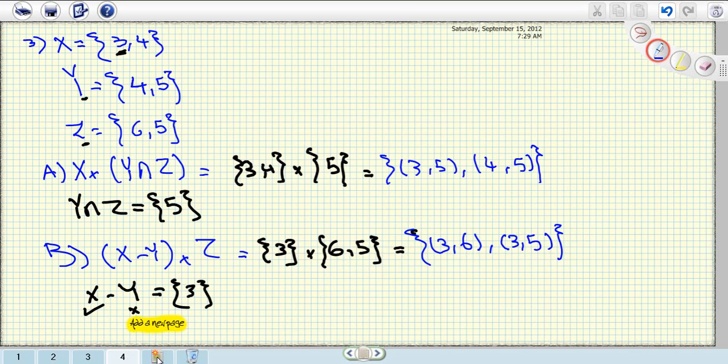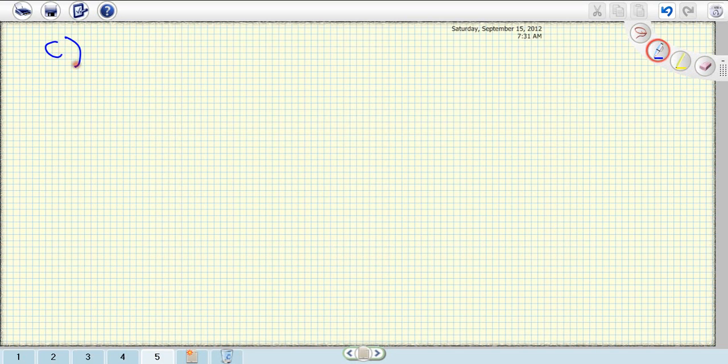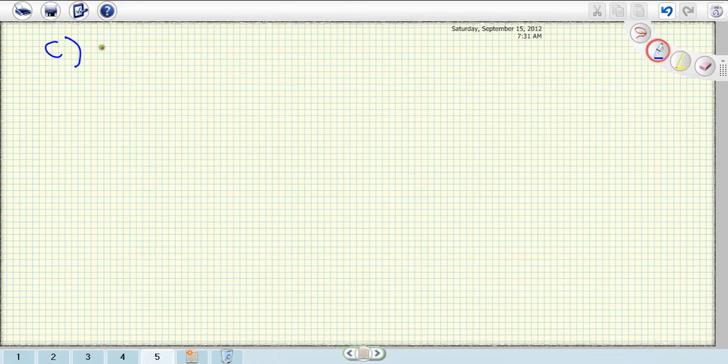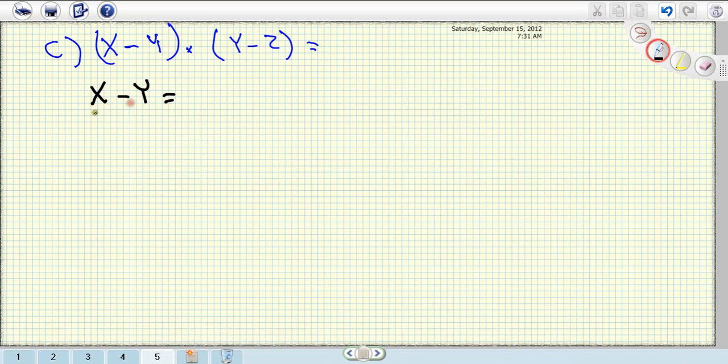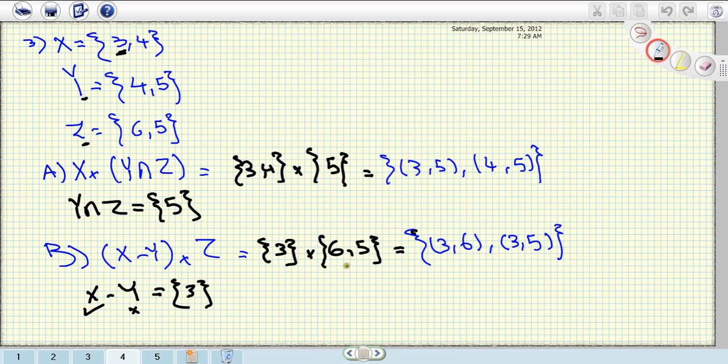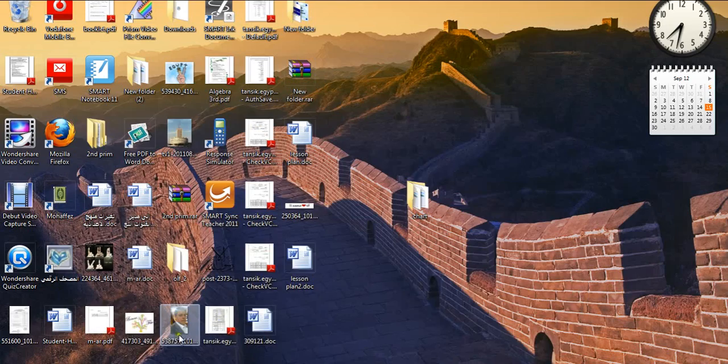Letter C, let's have a new page. Okay, x difference y, and here is y difference z. So first I'm going to find x difference y, and we said before that the elements belong to x and don't belong to y, which is 3.